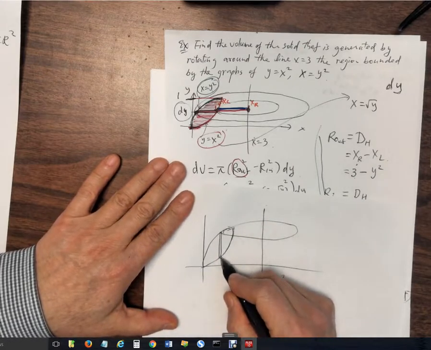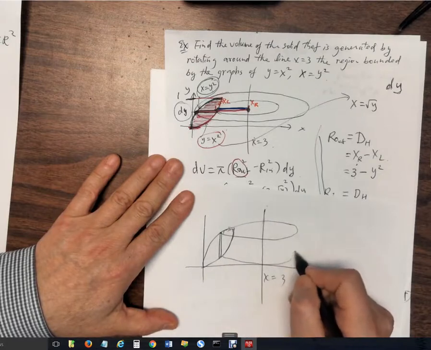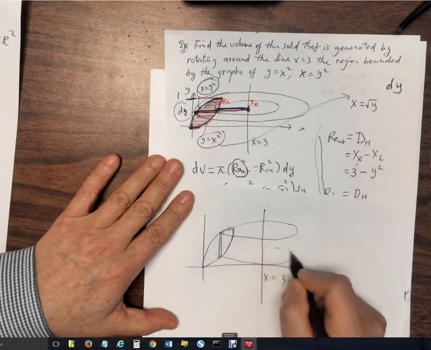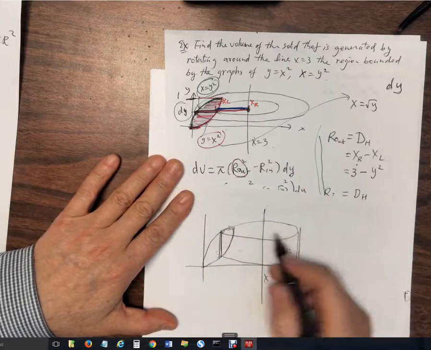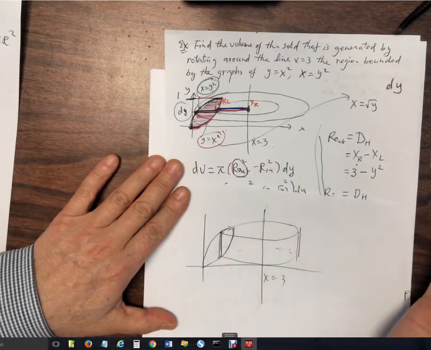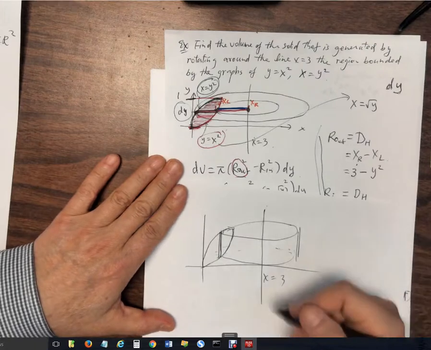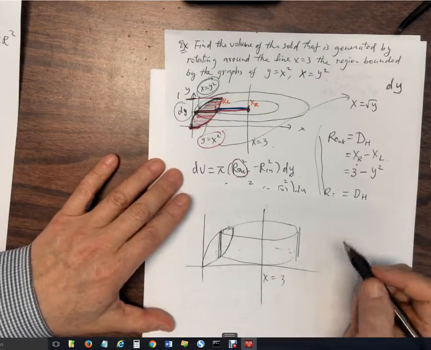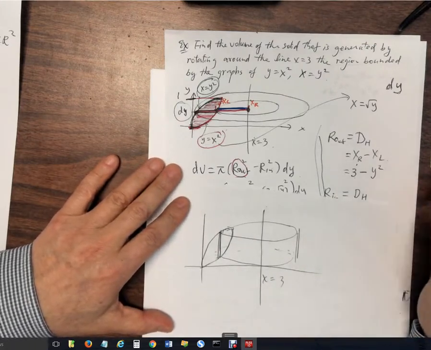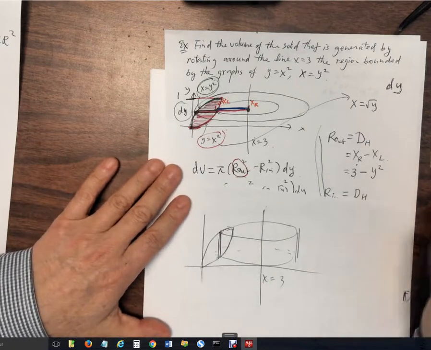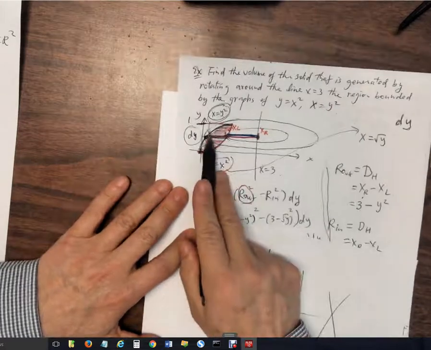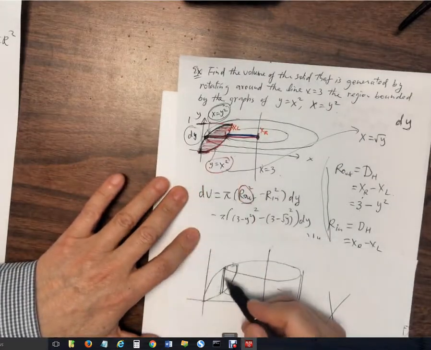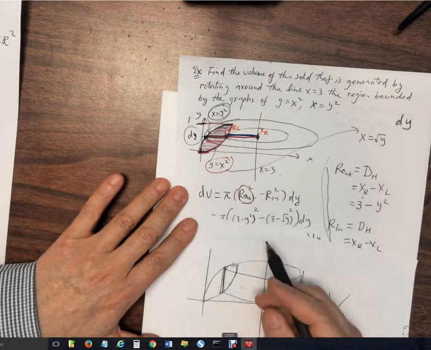I'm going to revolve the bottom end around this line. It would generate as big a circle, but this is a strip, so then we see almost like a cylinder, right? This is not going to be a disc or washer, so this would not work out. That's fine. You just choose horizontal instead of vertical.